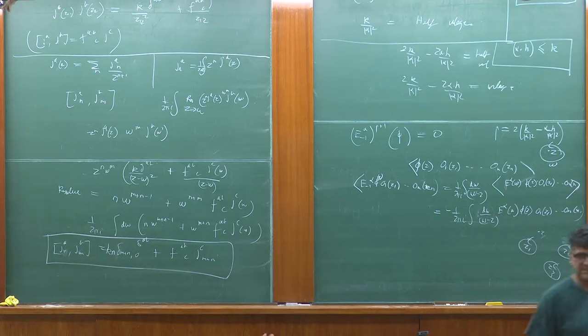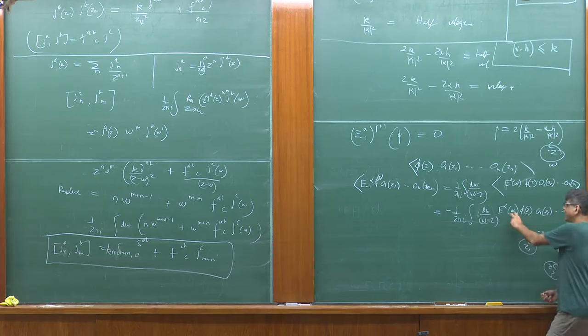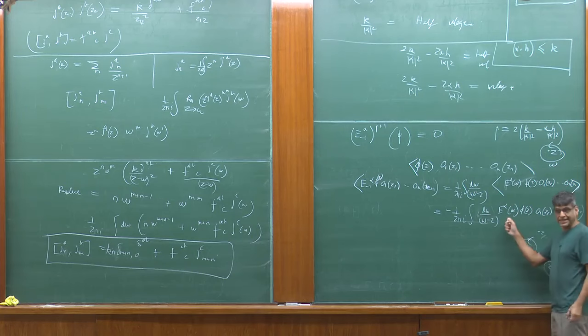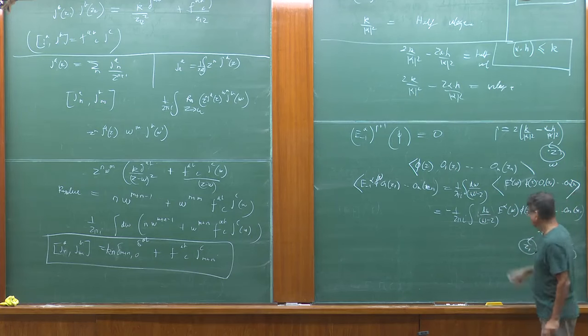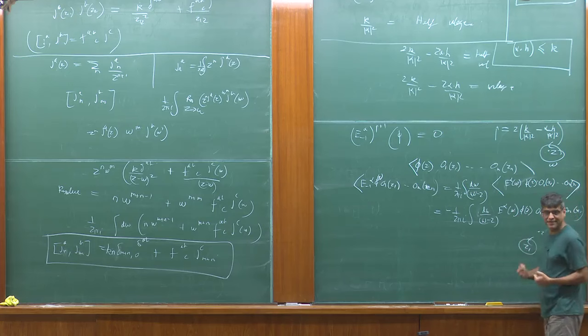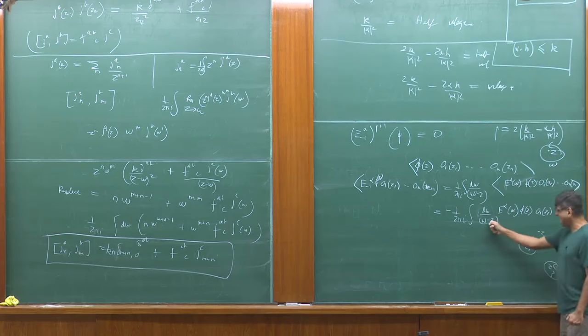Phi of z can come out of the integral. Correct. Actually, the only thing that cannot come out of the integral is w, because the integral is over w. But the important point, as you are indicating, is that by Cauchy's theorem, this integral is only non-zero if we get a pole in the OPE. Now, in z there was an explicit pole.